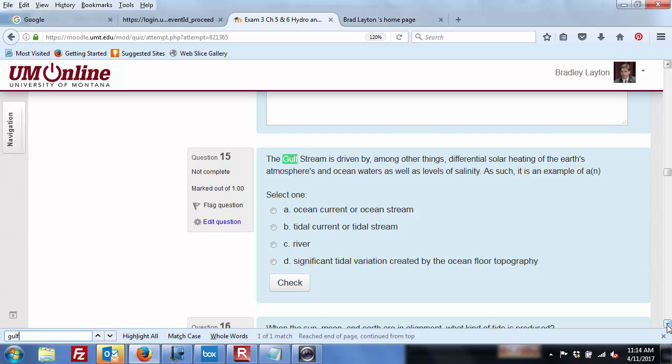Gulf Stream is driven by, among other things, differential solar heating of the Earth's atmospheres and ocean water. So we know that there's a couple things, at least from my understanding, that drive it. One is warmer water is going to rise. Wherever you've got warmer water, it is going to rise, and saltier, colder water is going to sink.